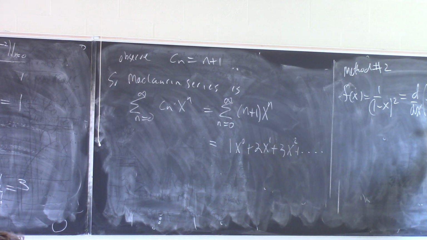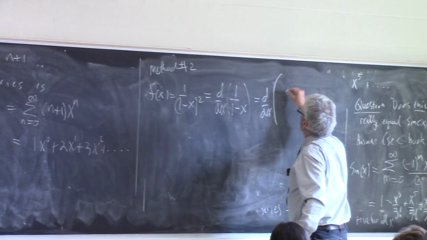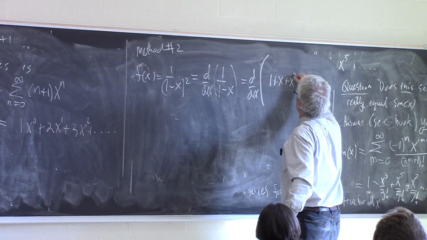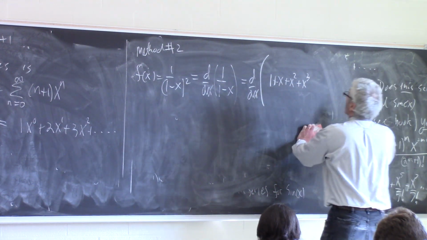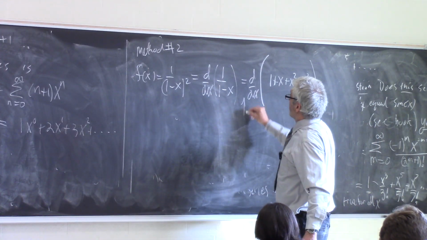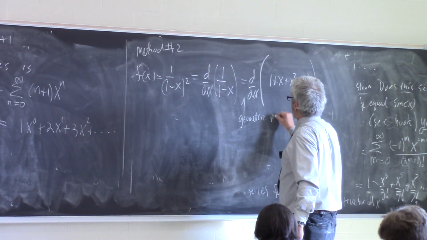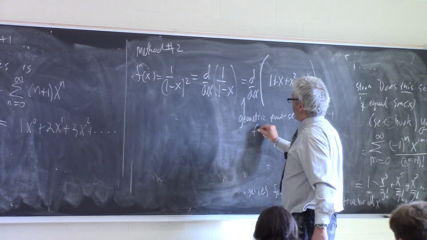Remember that we have a geometric series result for this. This is the derivative of 1 plus x plus x squared plus x cubed and so forth. So this is the geometric series. This is from section 8.6.